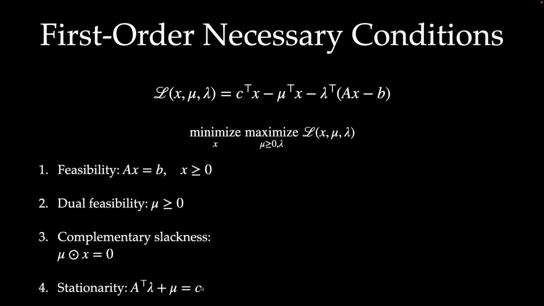Where does this come from? Well, this comes from the fact that at an optimal point, the gradient with respect to x of our Lagrangian has to be equal to 0 because we're trying to minimize this, so we need this condition to hold. Another way to think about this is that the objective function contour is tangent to each active constraint. That's another way to look at this.